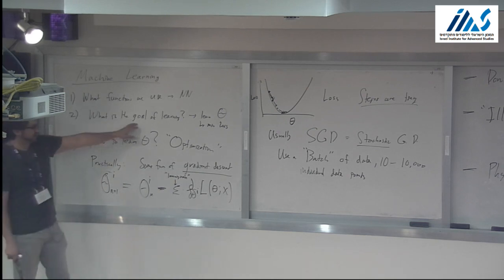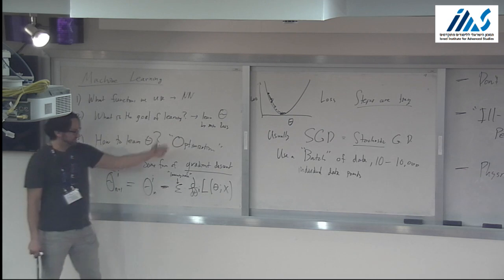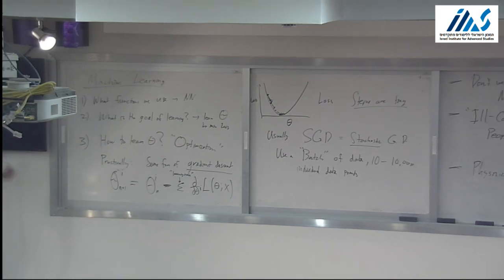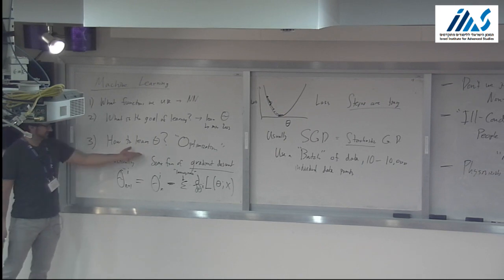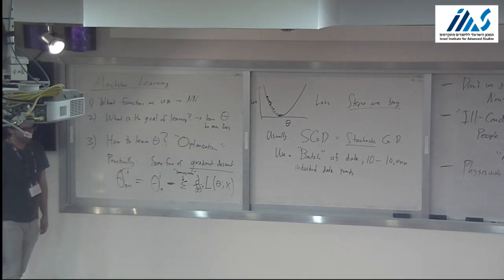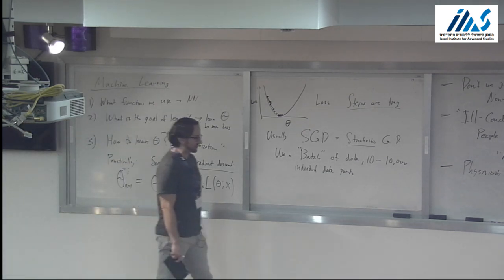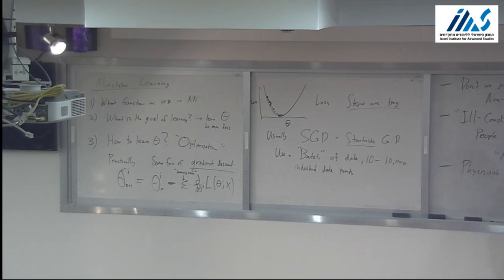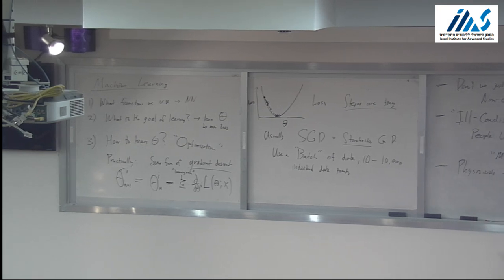What is the goal of learning? It's to learn these parameters. There are a huge number of them. They're the elements of matrices and vectors. And then how do we learn these? We just do optimization using some variant of gradient descent. And if you're going to do this in practice, you probably want to Google what Adam is, or wait for another couple of days, and I'll tell you.